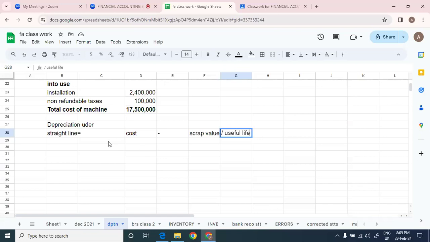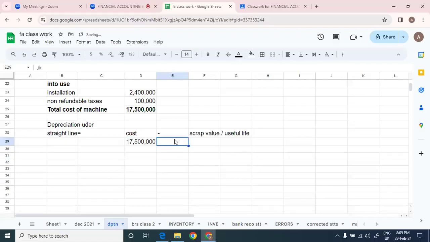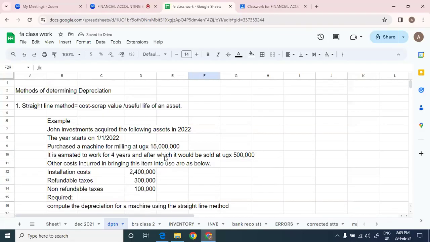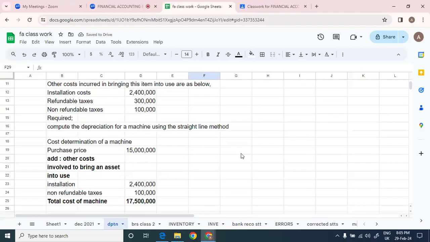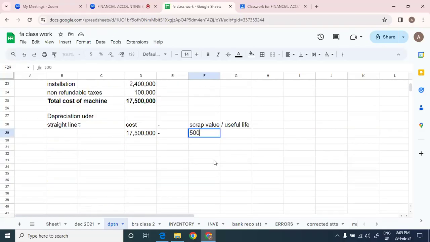So what we do, we already know our cost, which is 17,500,000. We are going to less our scrap value. You see here, our scrap value is 500,000. So I come here, I put my 500,000. We divide by the useful life, which is 4 years.